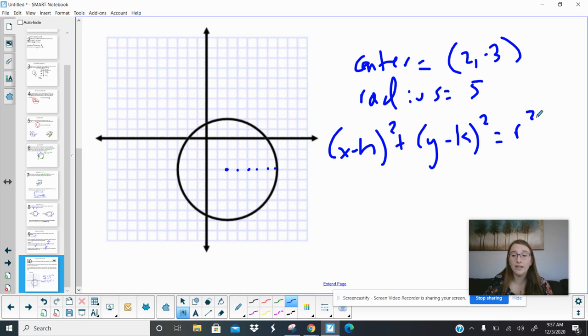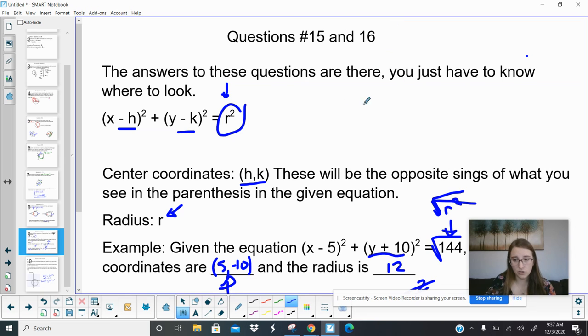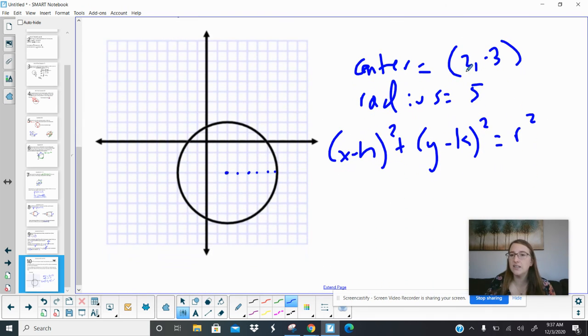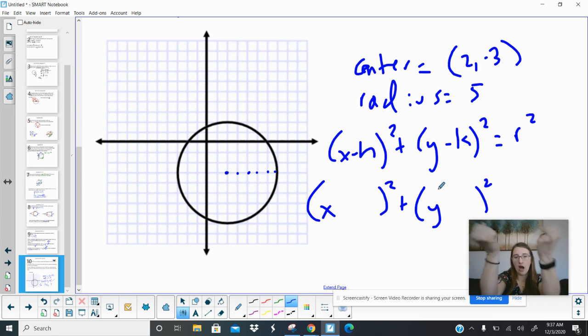So what we are doing is going in reverse of what we did in these two questions. So to pop into our formula here, the center as 2, -3 is going to tell me what goes with my y and my x. However, if I pulled them out of my equation as opposites, when they go back into the equation, they also need to be opposites.